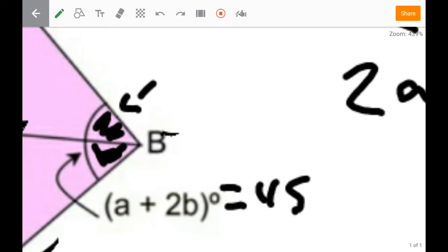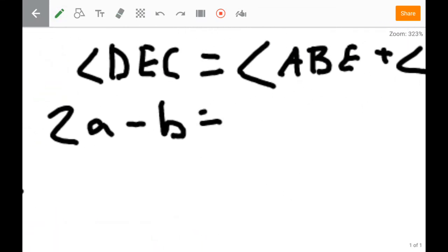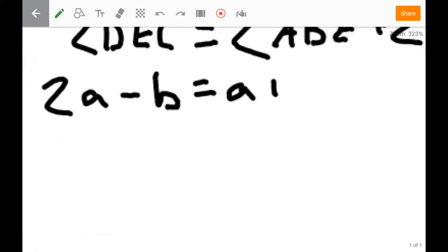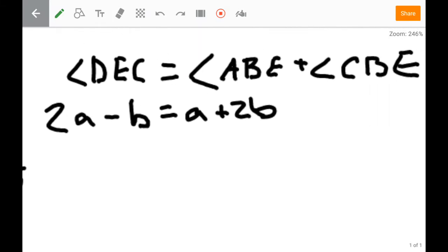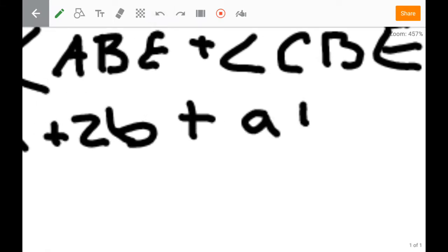So this right here is also a plus 2b. So we can write that twice. Okay, so we can write a plus 2b plus, and CBE is the same thing. So we can write that again, a plus 2b.